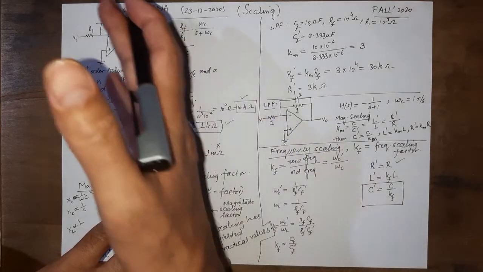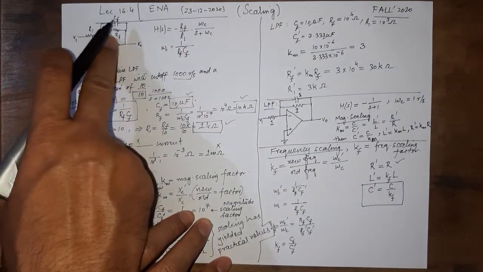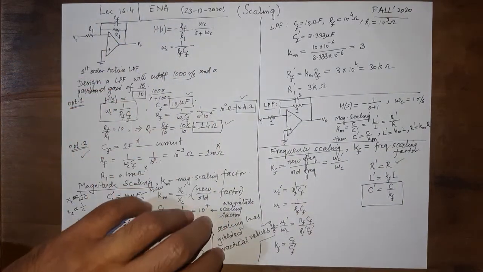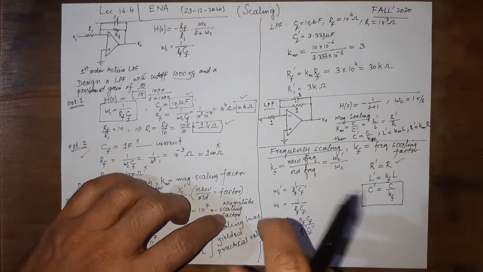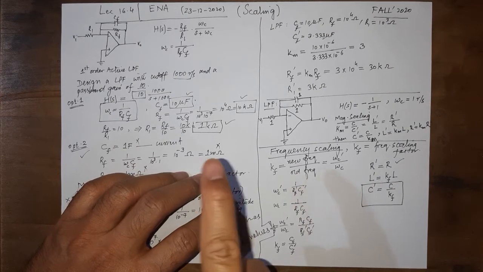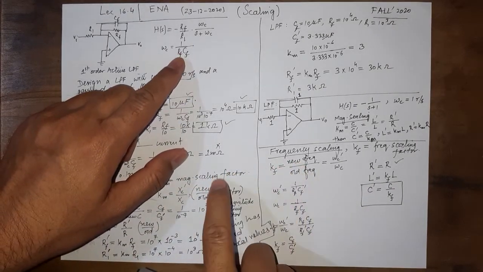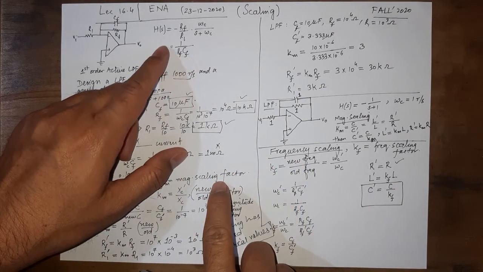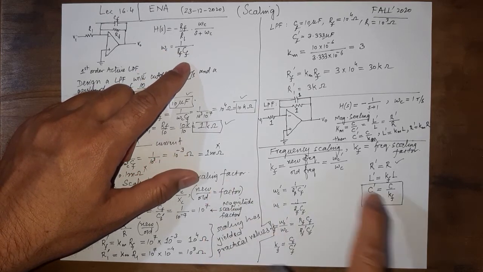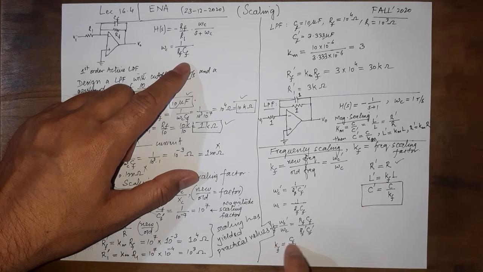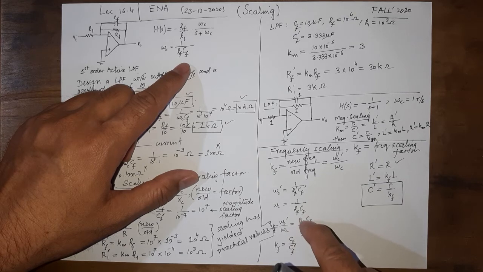So scaling the values of R in a circuit without changing the values of C will affect the frequency. But if you just say, okay, scale this one and this one, then omega C is not going to change. So we have to be very careful here.